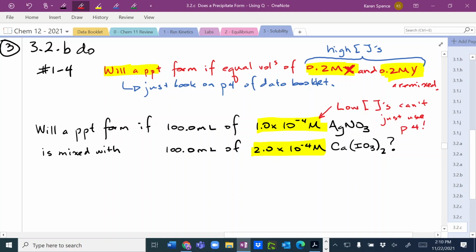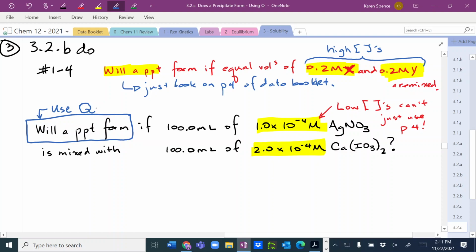So what tool do we use if it says will a precipitate form and we have these low concentrations? What do we need to use? We're going to use Q.